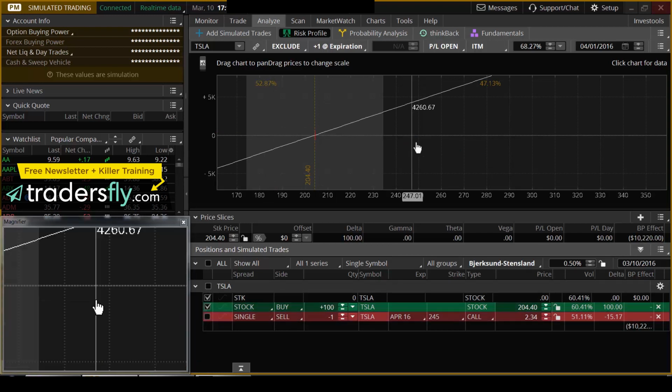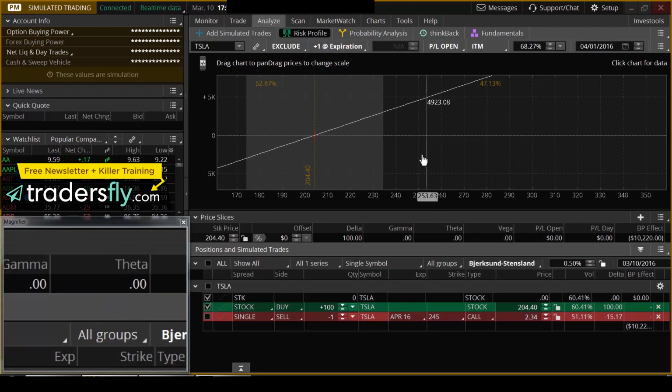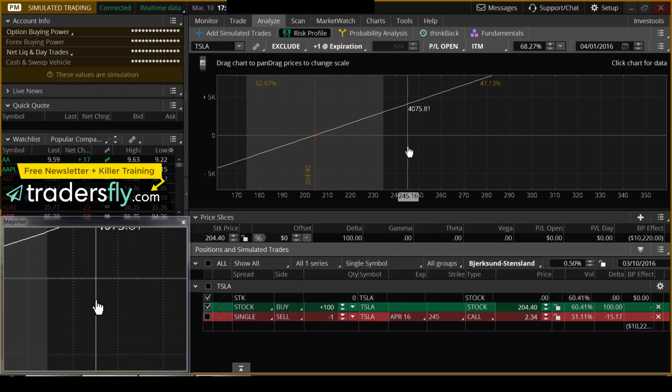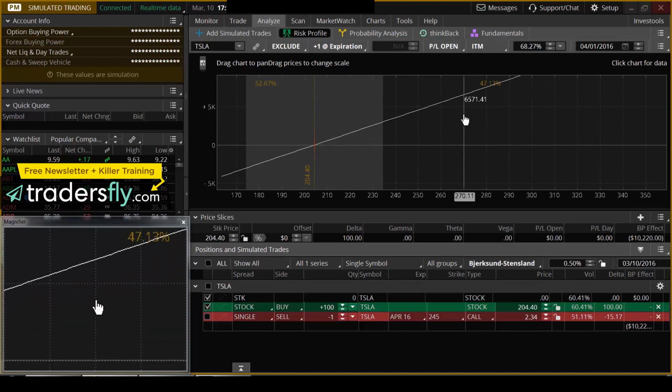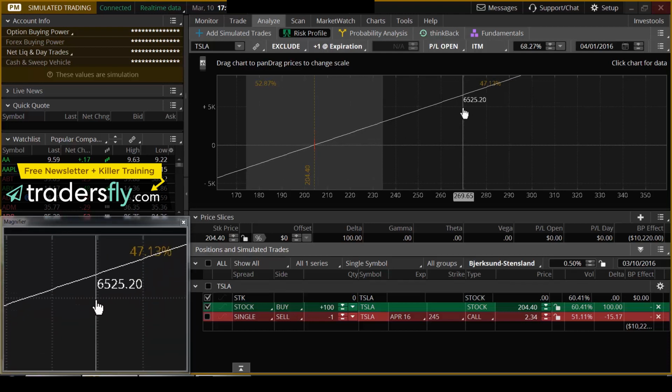And I would also make the profit up to 245 on this stock. Okay, so I would make my, whatever, $4,000. Now, if the stock gets to 270, I could have made 6,525. But the likelihood of that is, well, you need to determine that.